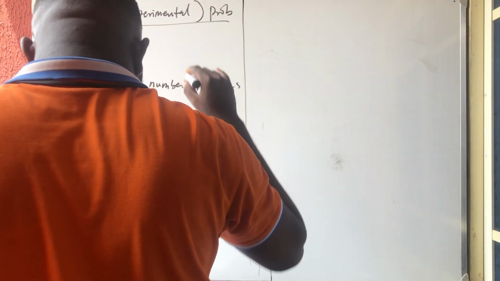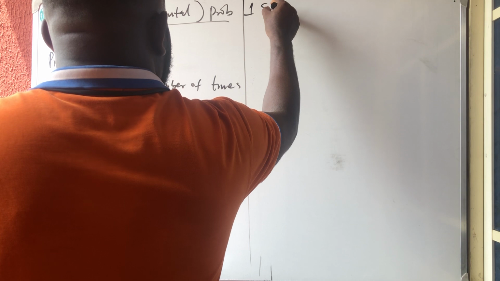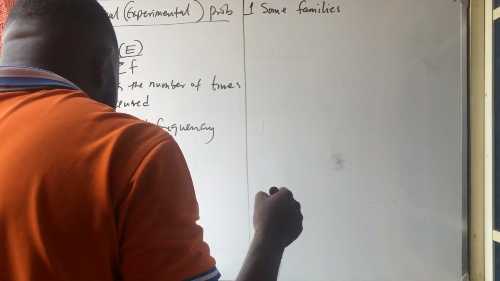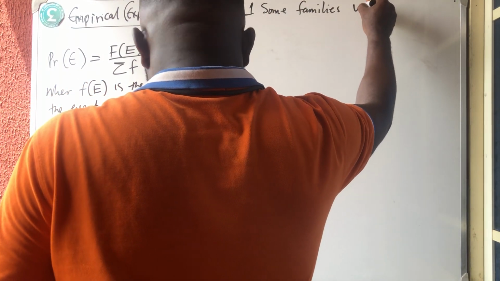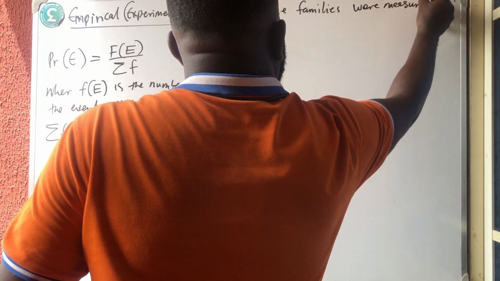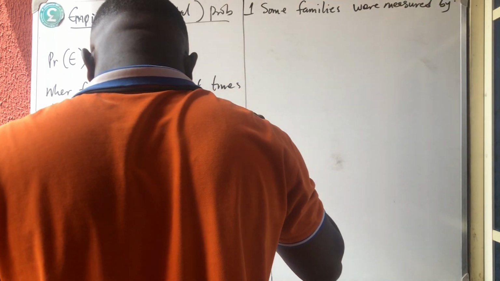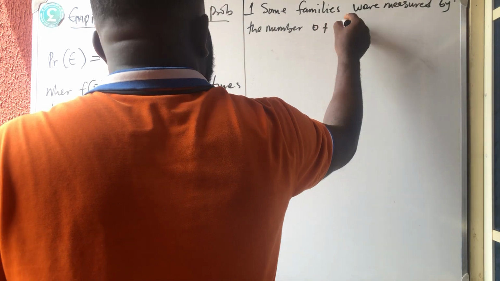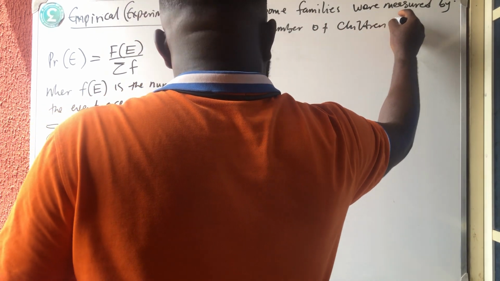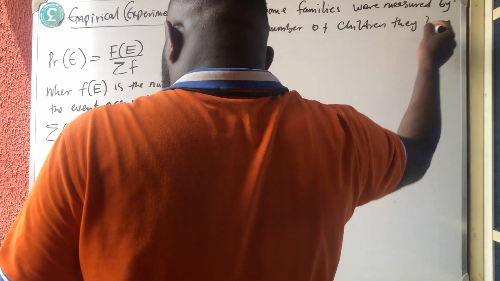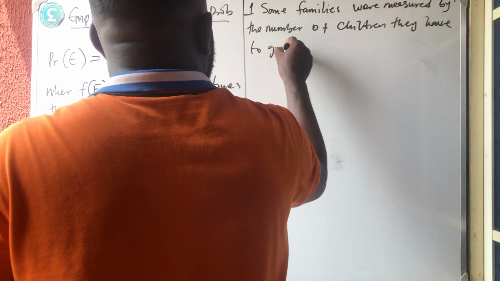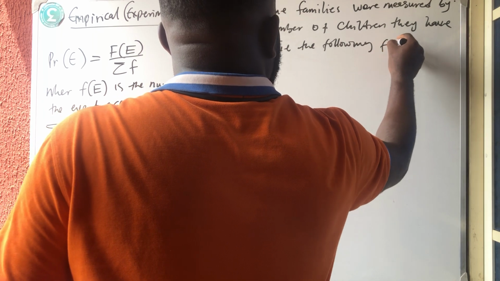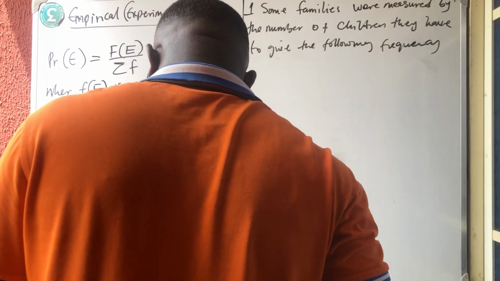Example number 1 said some families were measured by the number of children they have to give the following frequency distribution.